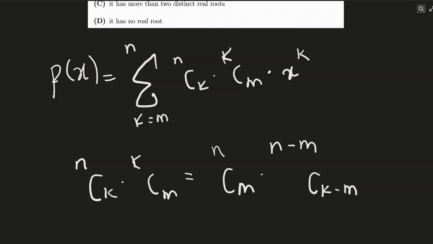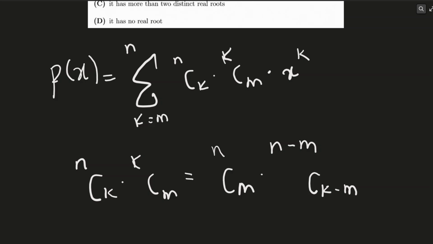So if we look at the LHS, which is this part, what does this mean? Imagine you have a group of n people and you need to form a committee of k people, and from that committee you need to appoint m people to a subcommittee. So now the LHS is pretty simple.